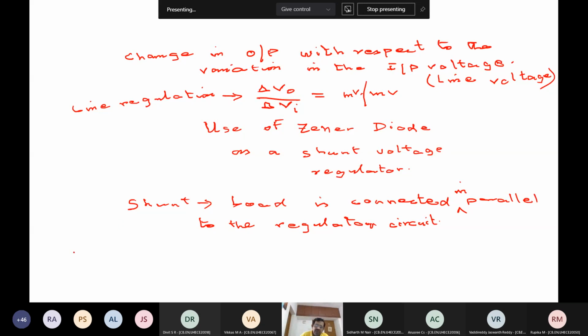Now you can also have the voltage change happening as a result of changes in the load current.